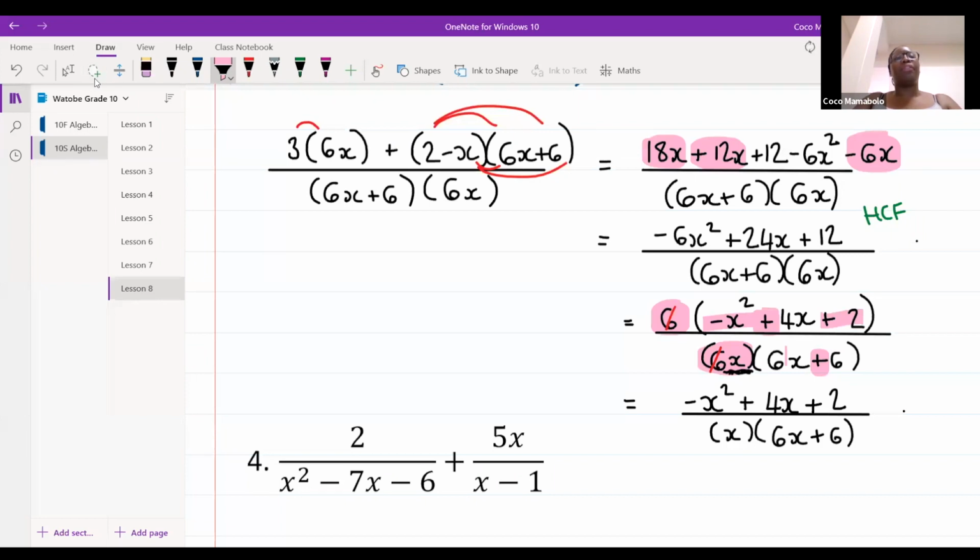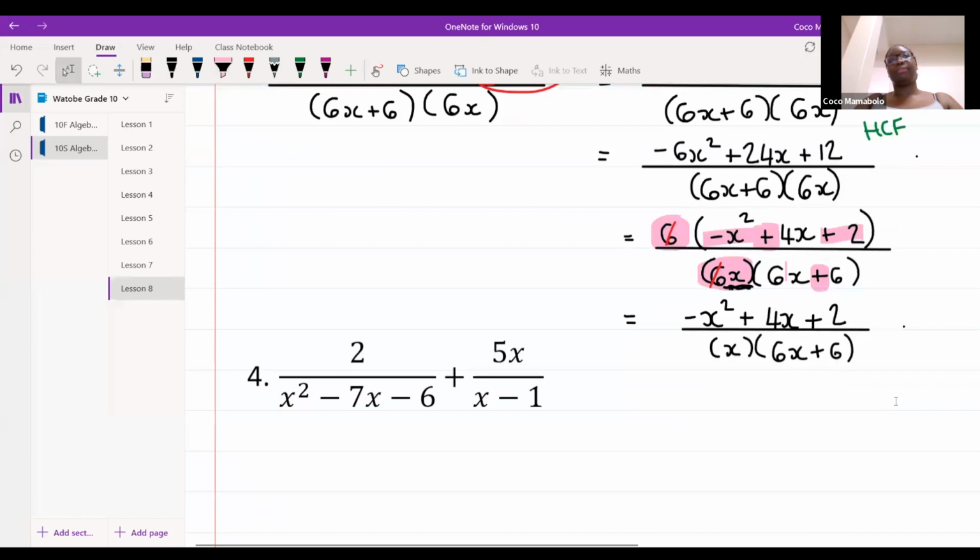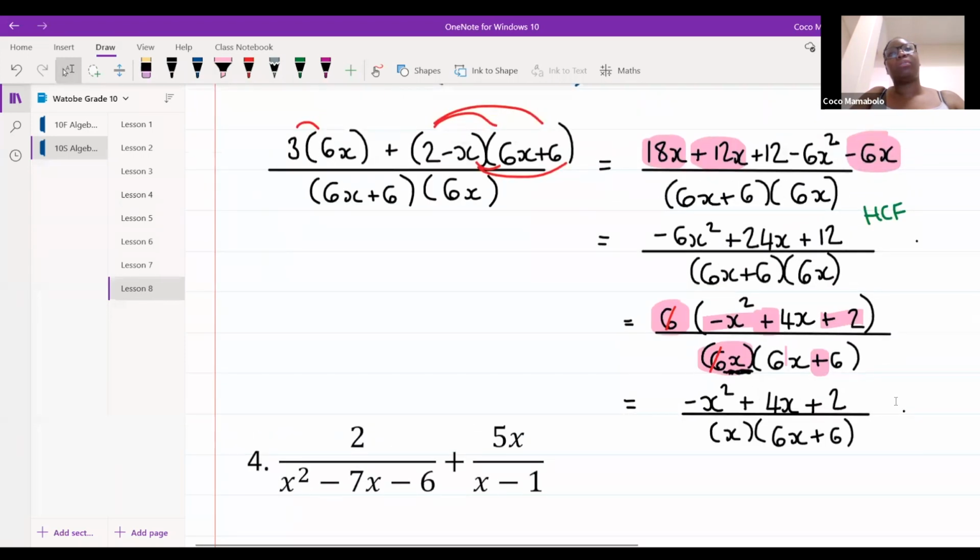All right. Rafile, what's up? Ma'am, I have a question regarding your equation on the left. This one? Yes, ma'am. I'm asking why didn't you cancel the 6x plus 6 in brackets and the one on the bottom with each other?